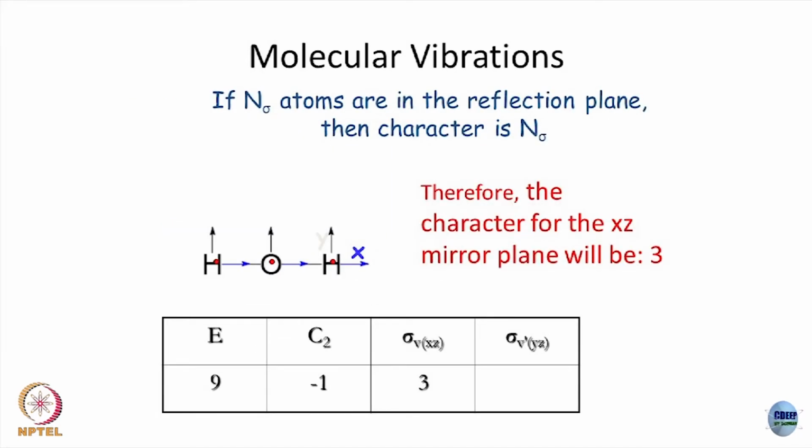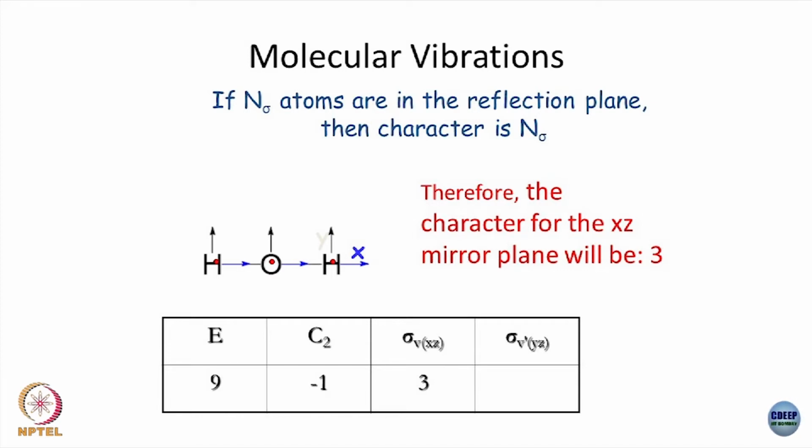If n sigma atoms are in the reflection plane, then the character is just n sigma. Okay. So, suppose you take this to be the xz plane, which we were discussing in the lecture. All the 3 atoms are in the xz plane. So, if you do a reflection in the xz plane, 3 atoms are there.